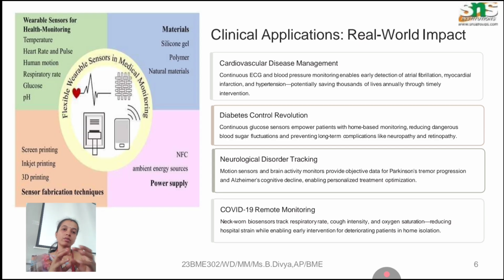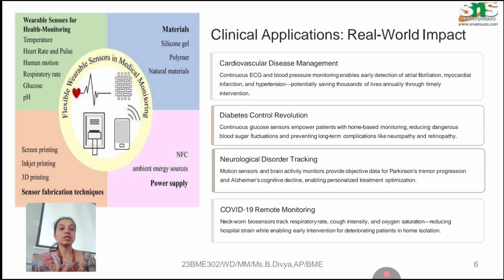The power supply will be given, and by using Bluetooth or Wi-Fi, the devices can be connected with the patient, and continuous monitoring of the patient can be shared with the relatives of the patient or with the doctors as well.